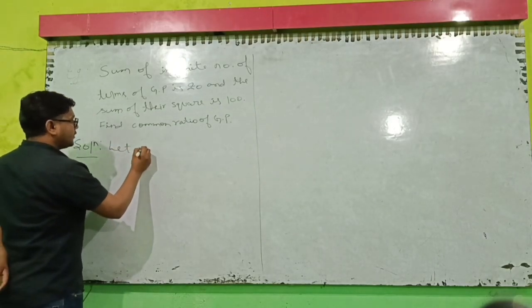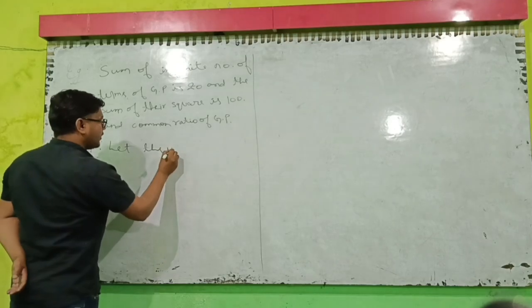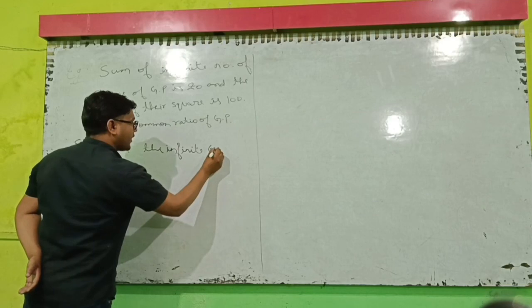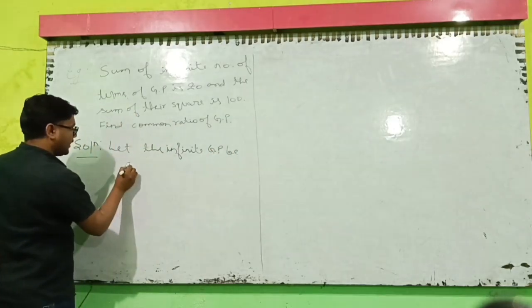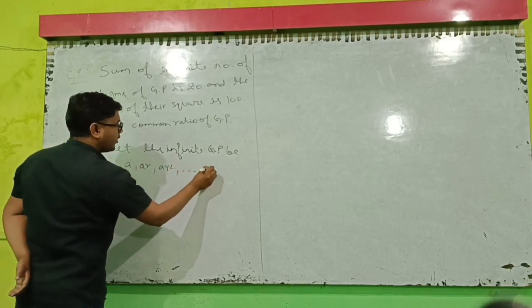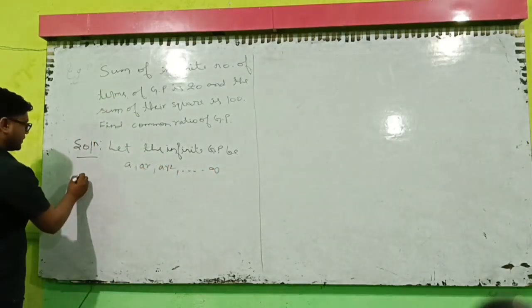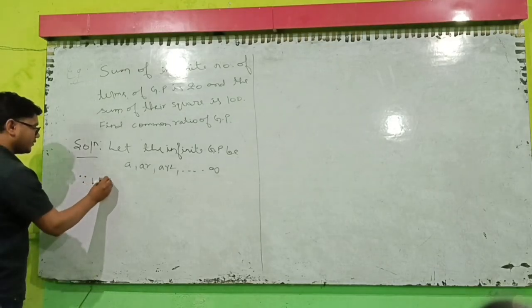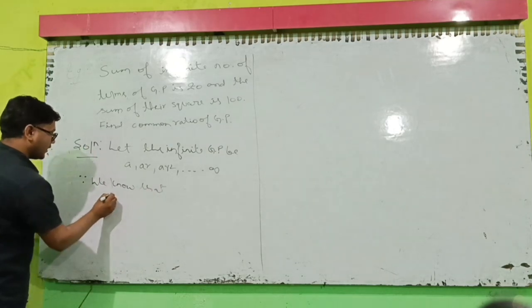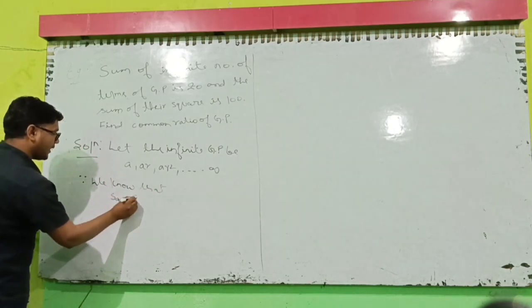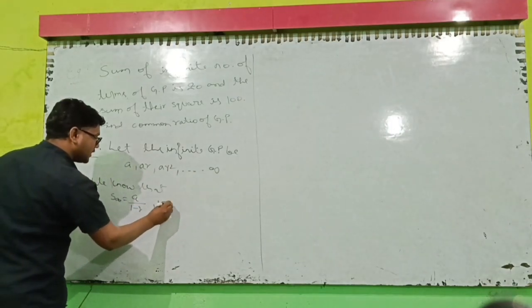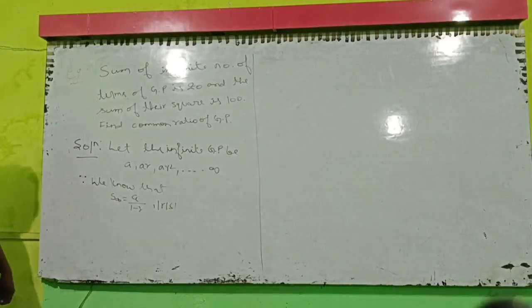Let the infinite geometric progression be a, ar, ar square, dot dot dot up to infinite. Since we know that S infinity is given by a upon 1 minus r, where mod of r is always less than or equal to 1.